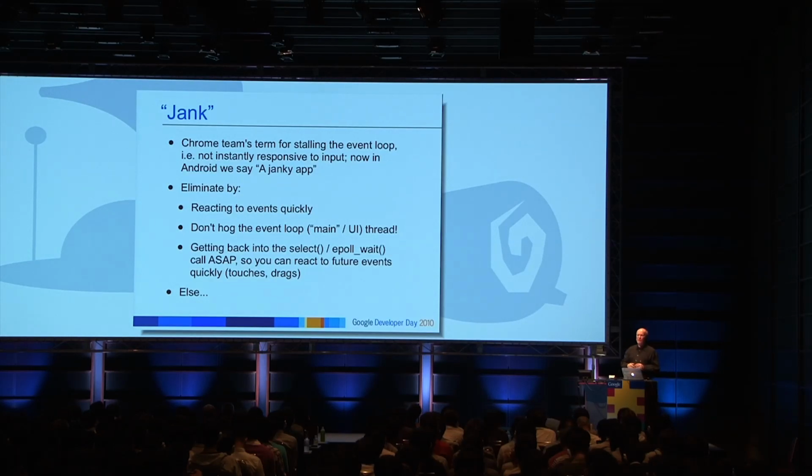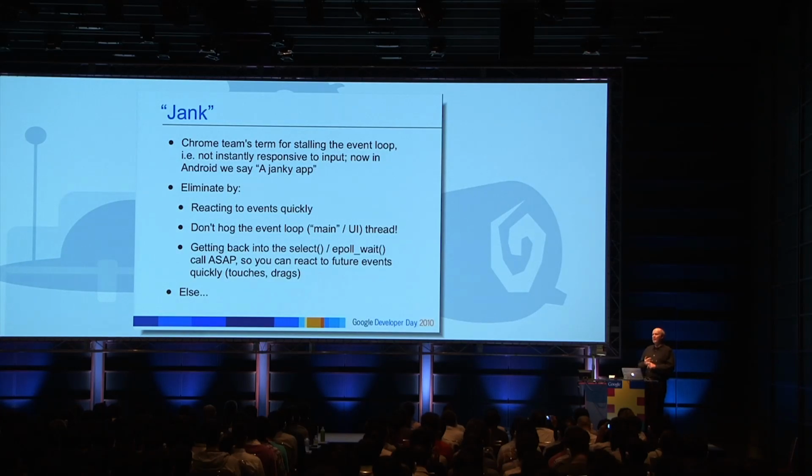And the user really doesn't like it when it gets janky. The user doesn't understand why he's unhappy, but he's unhappy. Now, an Android device, like a Nexus 1, typically runs at 1 billion cycles per second or more. So there is no excuse for jankiness.